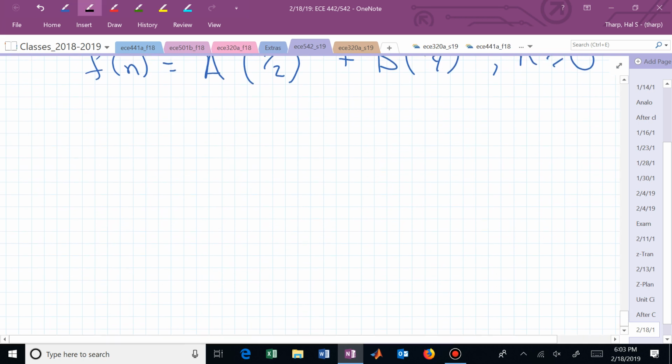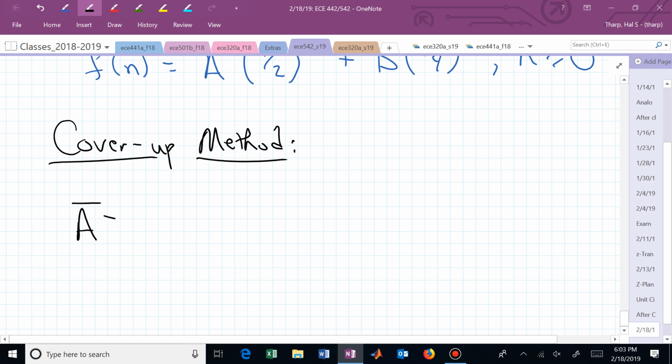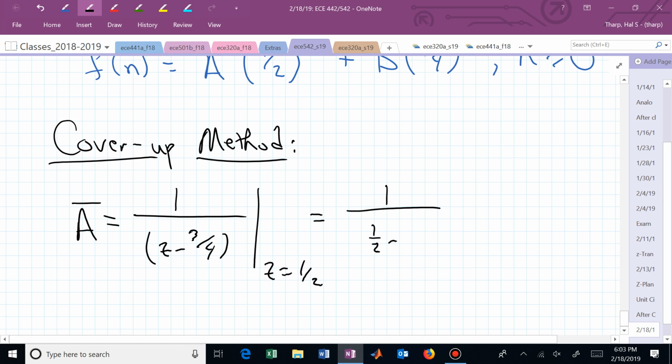So a bar becomes 1 over z minus 3/4, evaluated at z equal to 1/2. Or that now becomes minus 4.